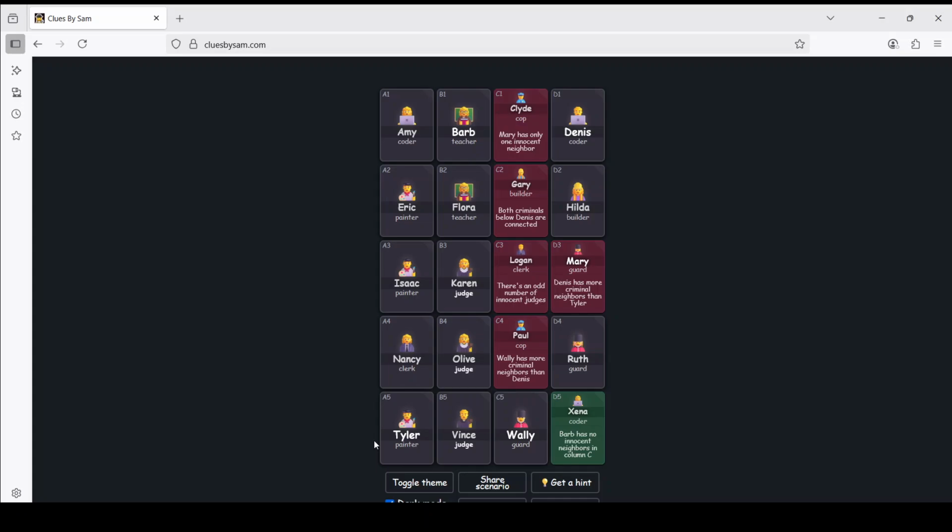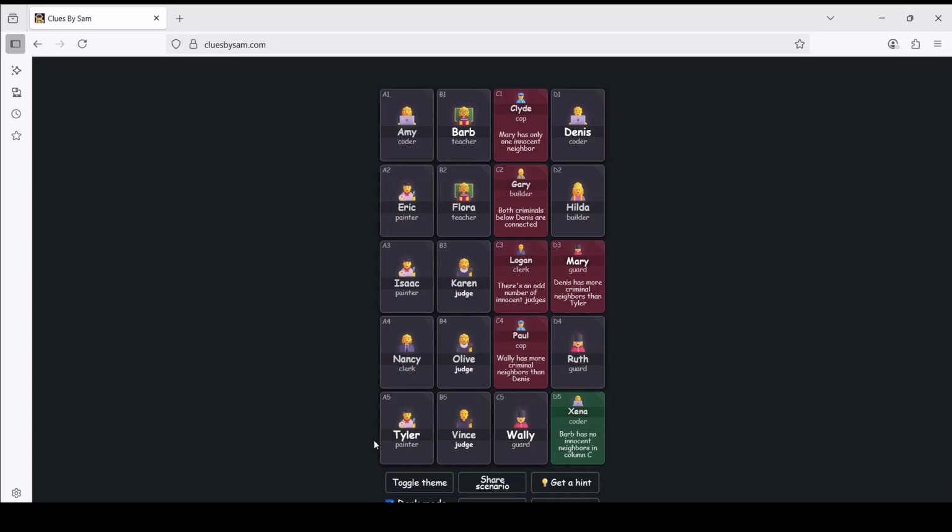So if Dennis has more criminal neighbors than Tyler, what that means when both of them have 3 neighbors is that Tyler cannot have more than 2 criminal neighbors. And if Dennis ends up having only 2 criminal neighbors, then Tyler can only have 1 criminal neighbor.